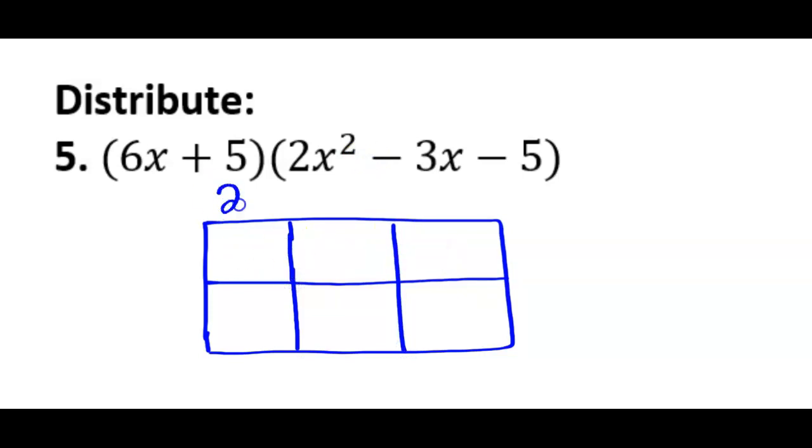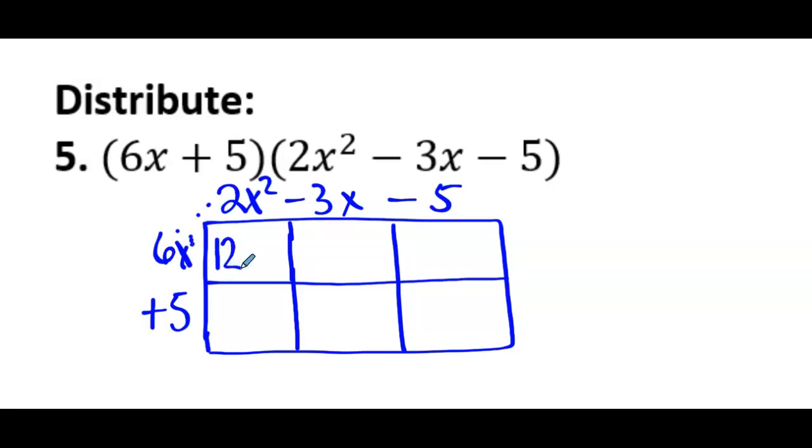Okay, so this is going to be 2x squared minus 3x minus 5. Notice it's over its box. And this is going to be 6x, don't forget your plus sign, 5. Okay, so I need to do 6x times 2x squared. Remember, there's an imaginary 1 there. So I'm going to get 12 when I multiply my 6 times 2, and I'm going to add x to the third power.